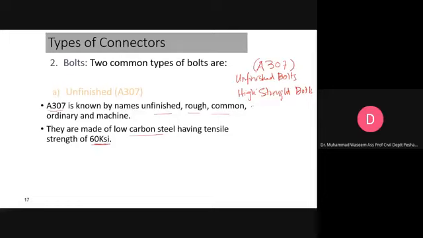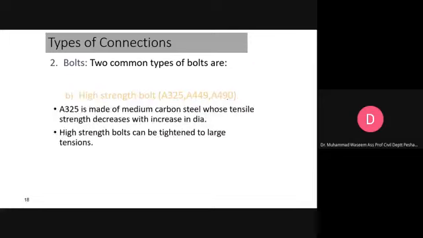High strength bolts are designated as type A or type B. In type A, we have A325, and type B, A490. Please remember that we have two types of bolts which are being used in steel connections: unfinished bolts or high strength bolts.